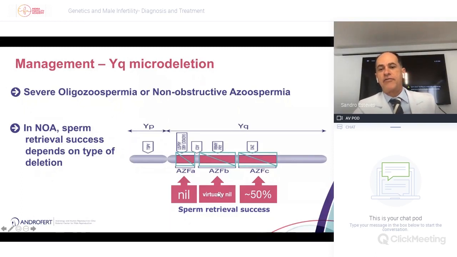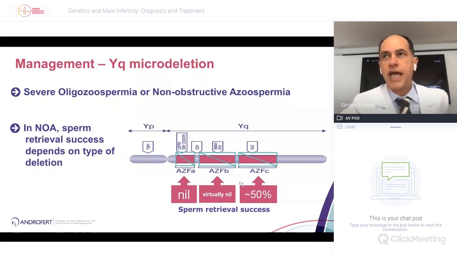The same applies to AZFB with some exceptions, because AZFB is a large region with many genes. It has been described that patients with partial deletions affecting the AZFB region could eventually have sperm found.